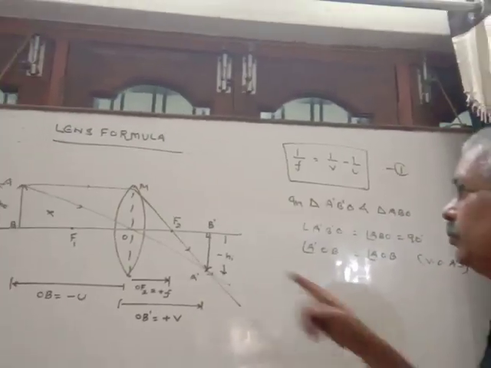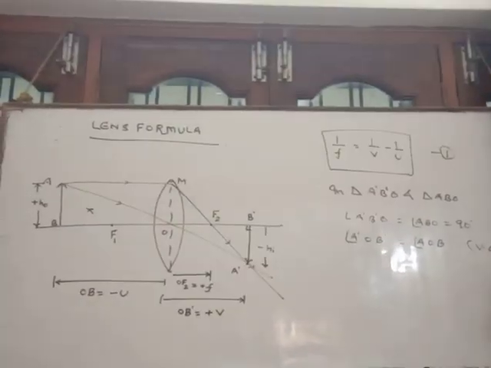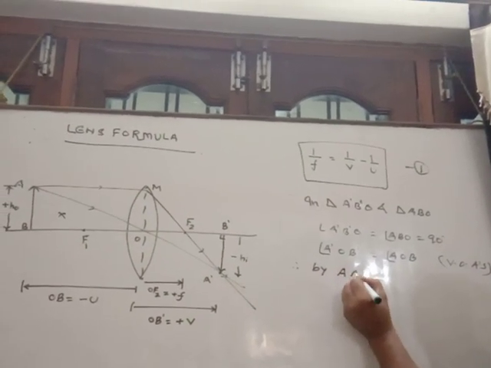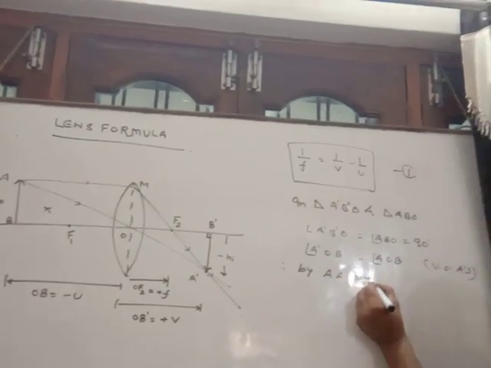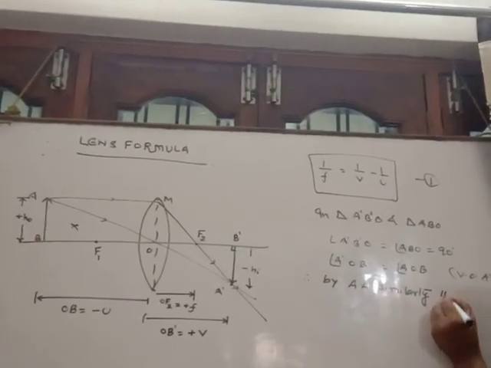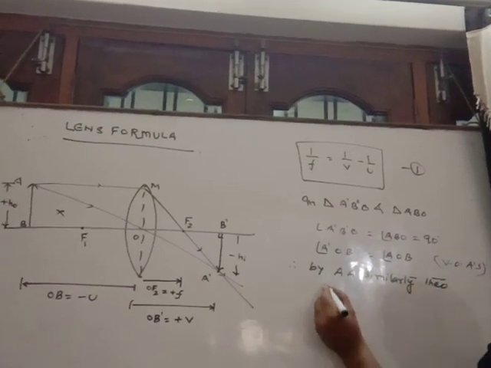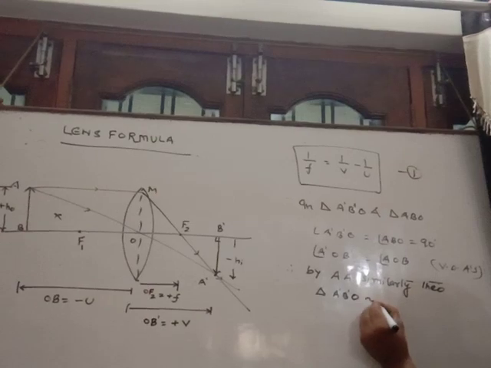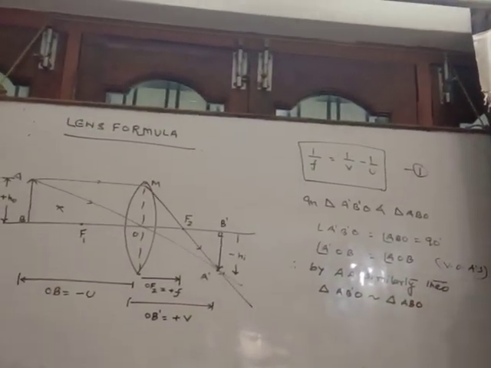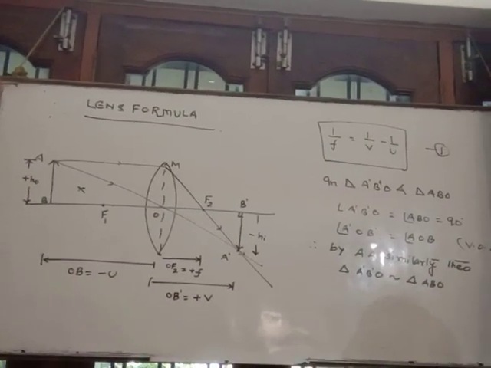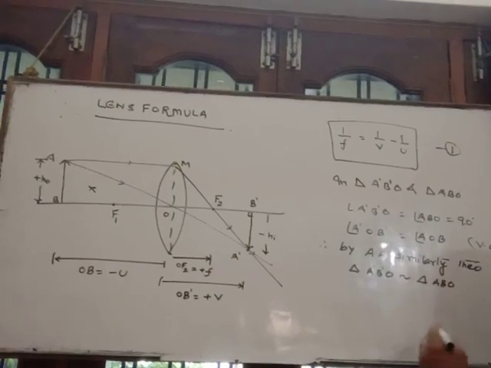So in these two triangles, two corresponding angles are the same, therefore by the angle similarity theorem, triangle A dash B dash O is similar to triangle ABO, and if any two triangles are similar, then the ratio of corresponding sides are equal.